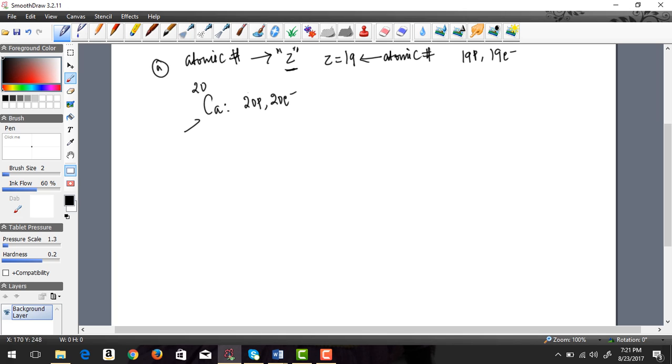And it's in group 2A. I think everybody is comfortable with that part up until now. So that means calcium is a metal and it can only lose 2 electrons, right? So the maximum it can make would be Ca2+, right? And at this point, I don't think I've even talked about valence electrons or valence orbitals.